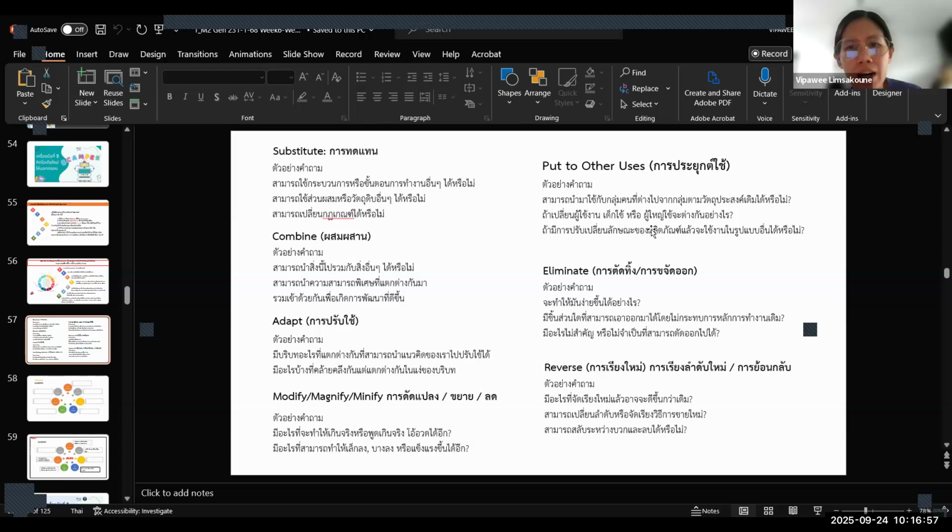Put to other use. Can we have a different target group, for example? Or a service developed for one group of people, can it be used for another group? That's possible as well. Eliminate, including simplify. Can we make it simpler?